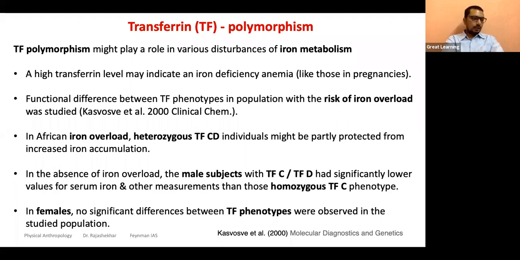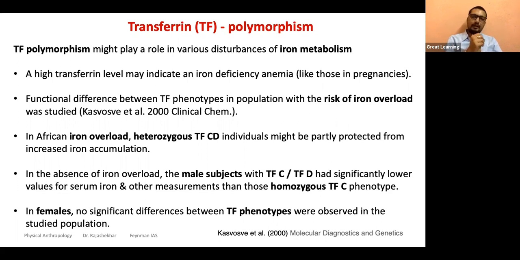Why is that? One component I remember reading is in Africa, where in certain tribal regions and some places people cook food in iron utensils. These are not anodized, not coated with anything. So what happens? Iron enters into the food, and these people are overloaded with iron.